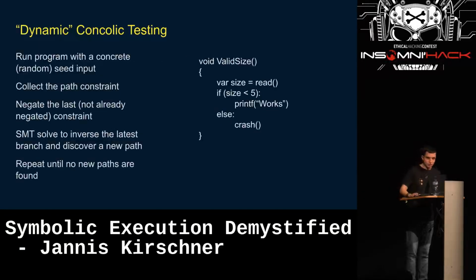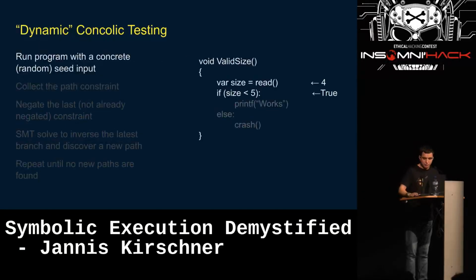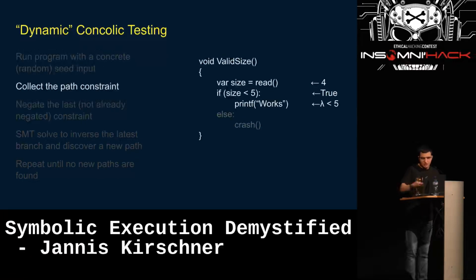How does it work in code? We provide our input concretely with some random seed. It gets evaluated, and it executes the printf. While it has executed concretely, it has still accumulated the constraints, in this case, that your input has to be smaller than 5, and it inverts them.